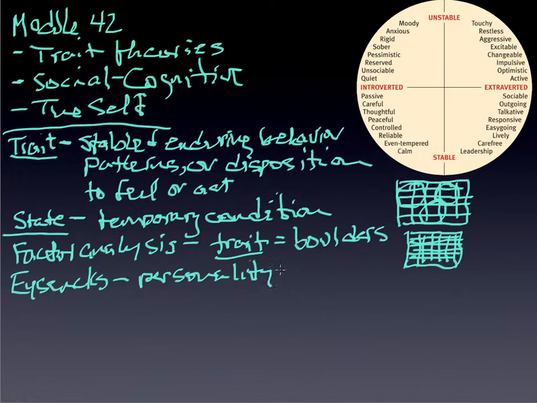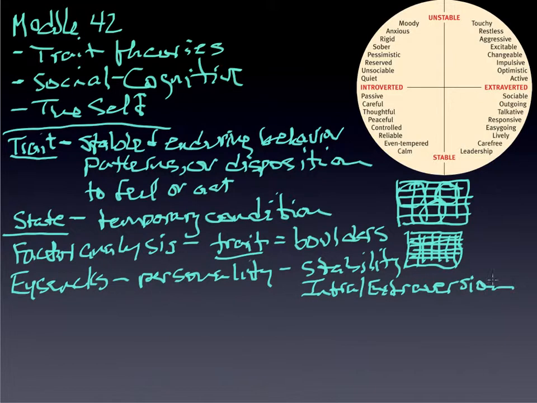They suggested that it ranged along stability, or it ranged along introversion, extroversion, and that most human personality can actually be captured by those two specific dimensions, and that's what they were referring to and what they found.